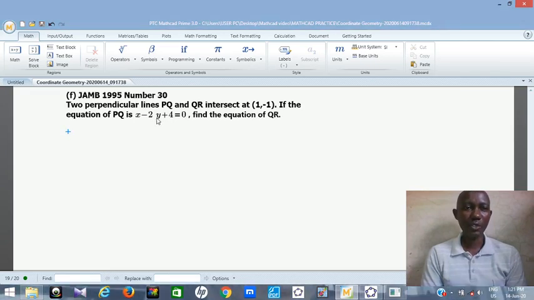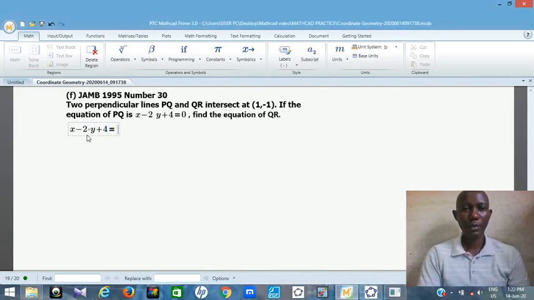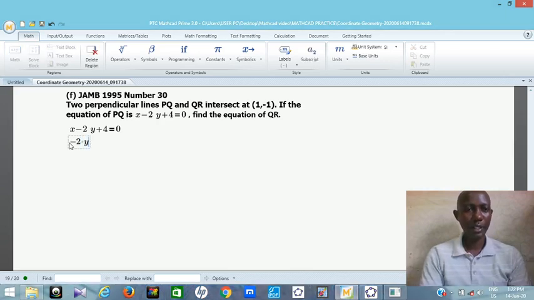So the next thing to do here is to make y the subject so that we can get the gradient of PQ. So if you make y the subject of this formula, x minus 2y plus 4 equals 0. By making y the subject, the other terms need to go to the other side. Then x and 4 will go to the other side. It will now become minus 2y equals minus x minus 4. You know, plus will become minus when you cross over the equation sign.